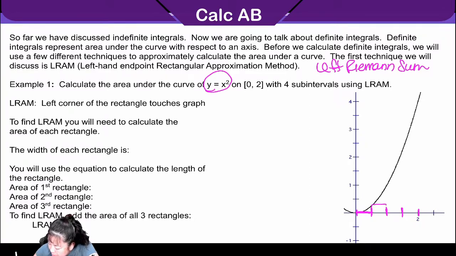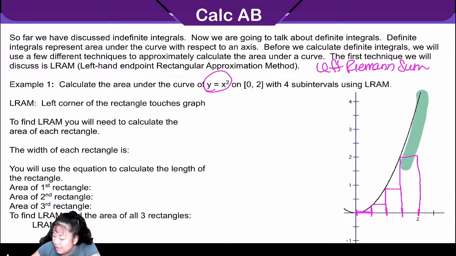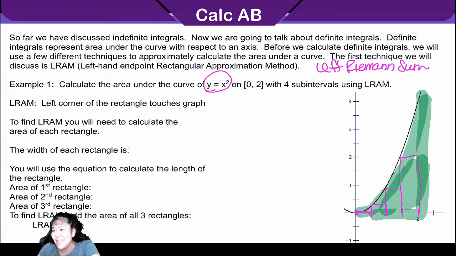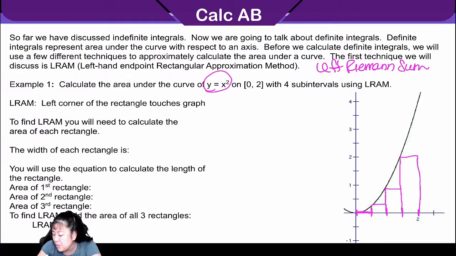And then I go up, then I go up, then I go up. Ooh, really bad. When I find the area of those 4 rectangles and say that that's the same thing as this entire area under the curve, that's terrible. That's a really bad approximation. Okay, we're going to do it anyways.